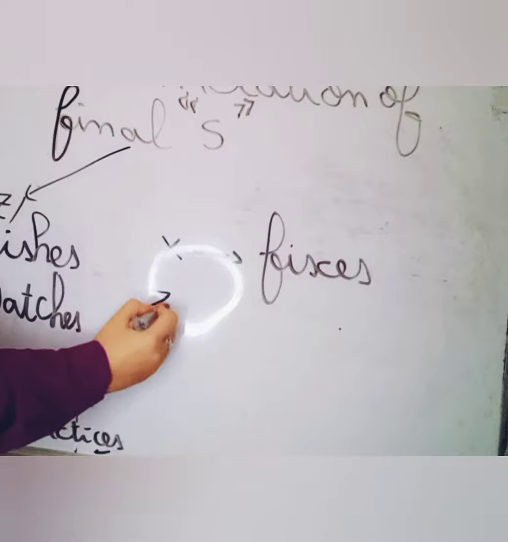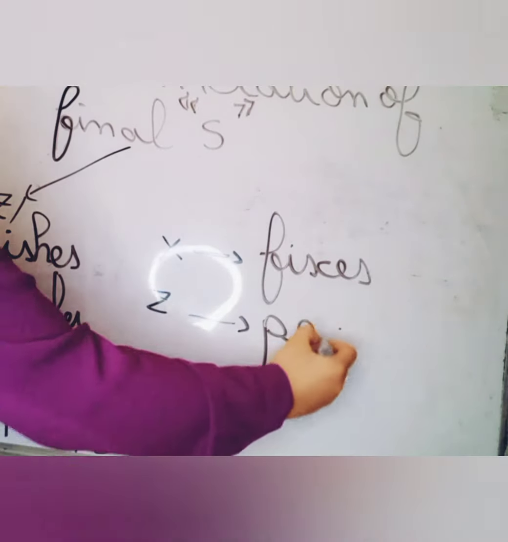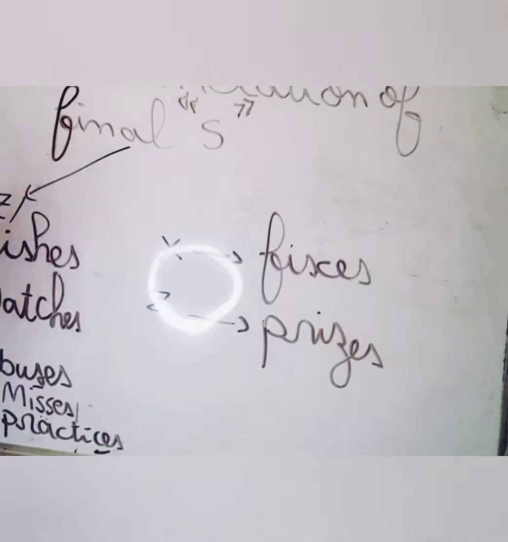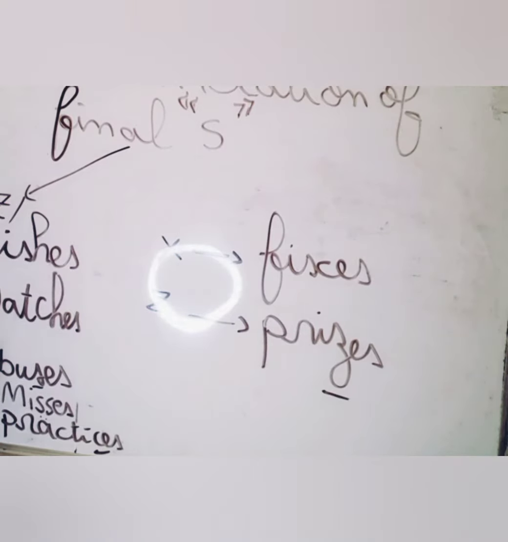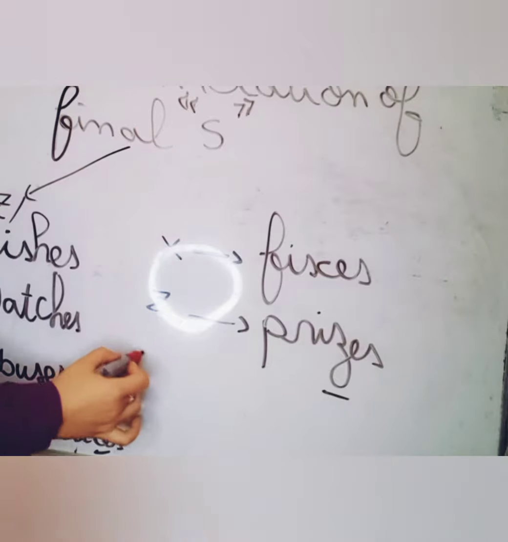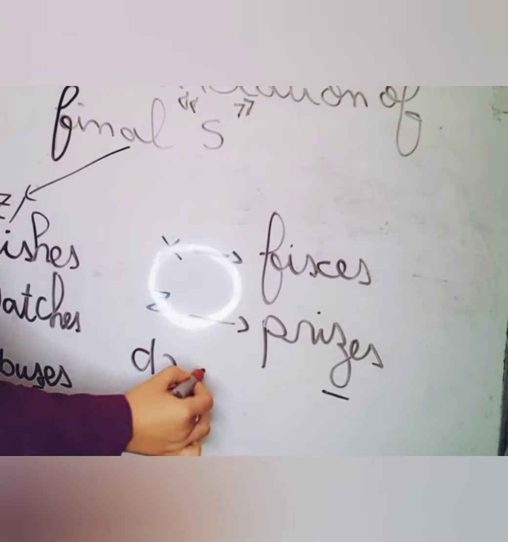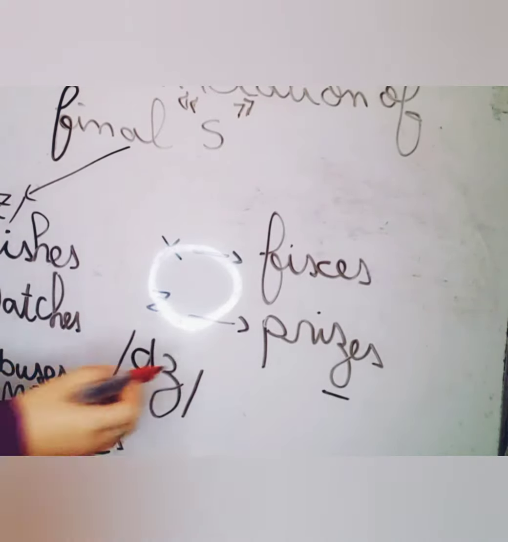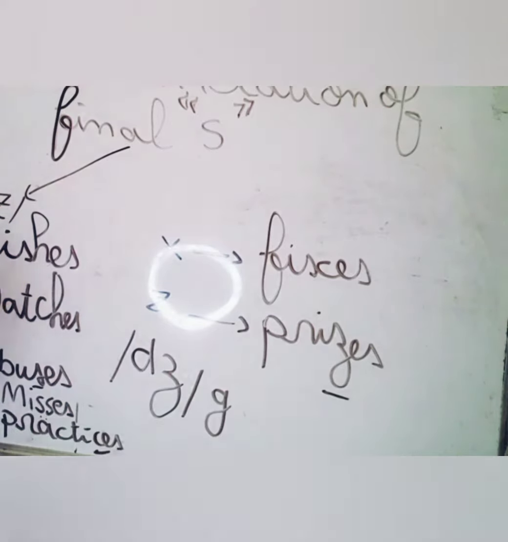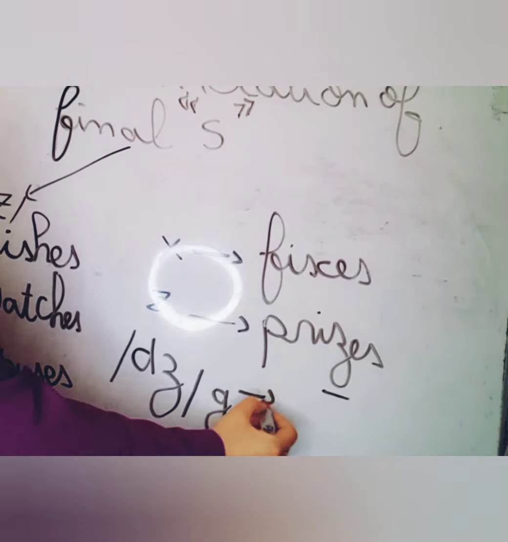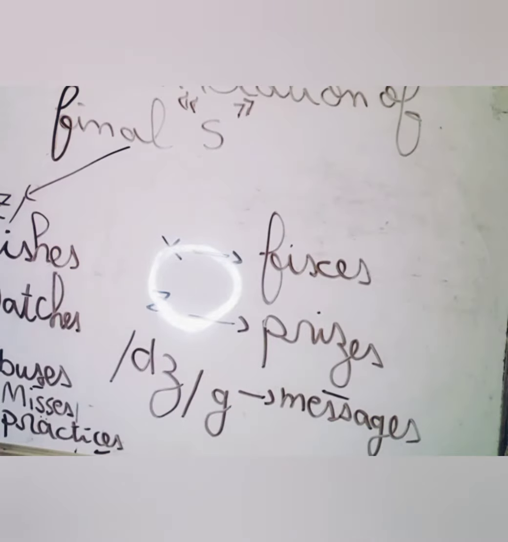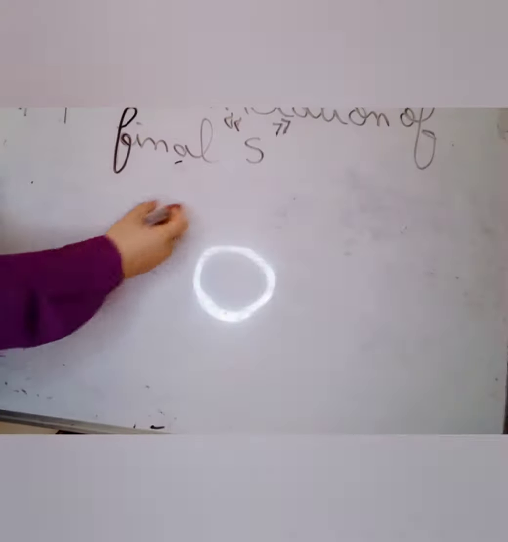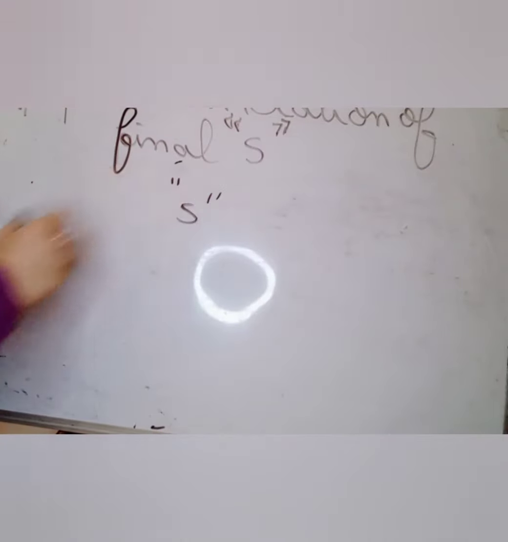Or when you have Z, like prizes, because before it there is Z, that ES we pronounce "iz". And we have the sound J, generally written like this. For example, messages.